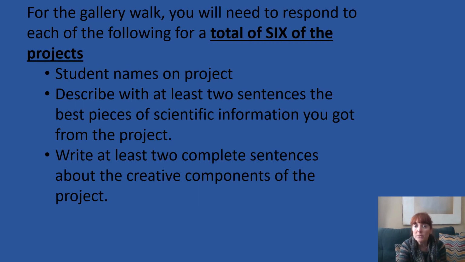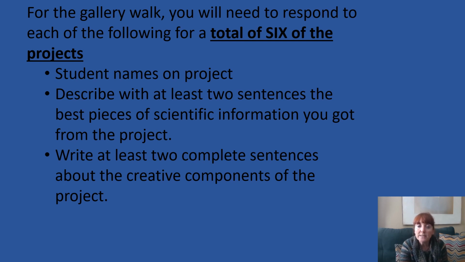For the gallery walk, you need to respond to each of the following for a total of 6 of the projects. You need to have the student names from whichever projects you're choosing. You need to write at least 2 sentences describing the best pieces of scientific information that you got from the project.